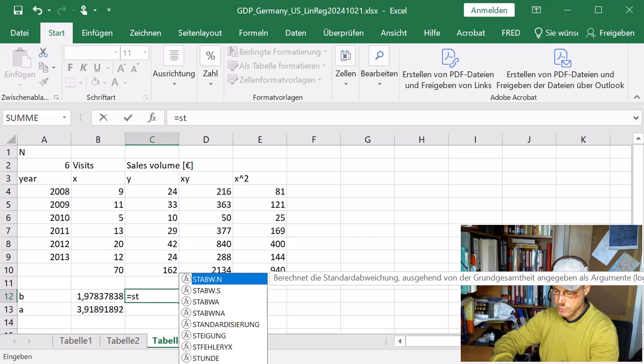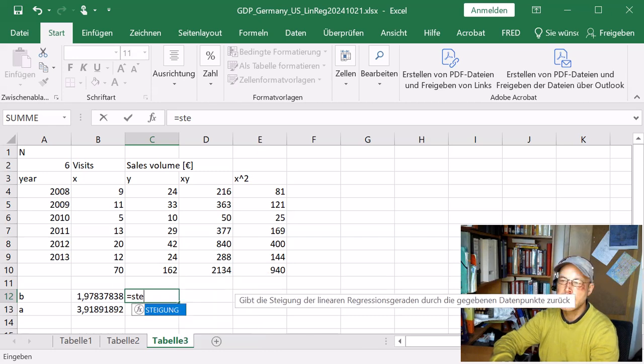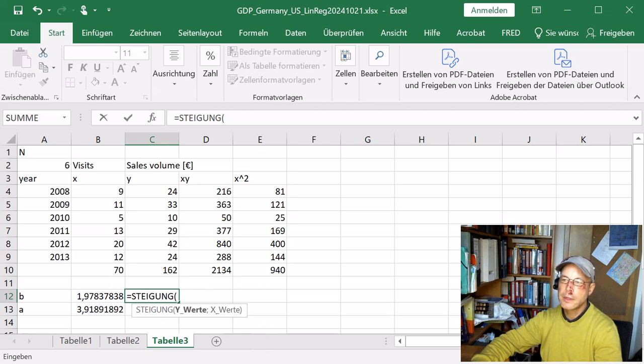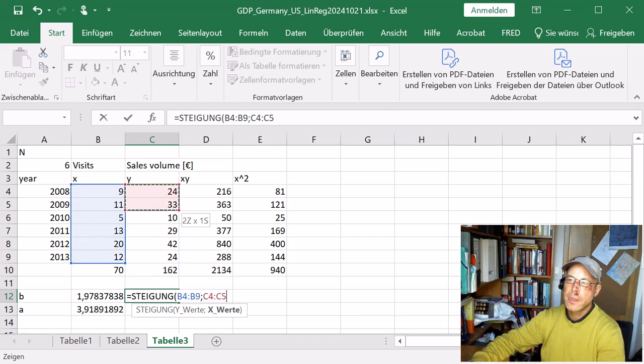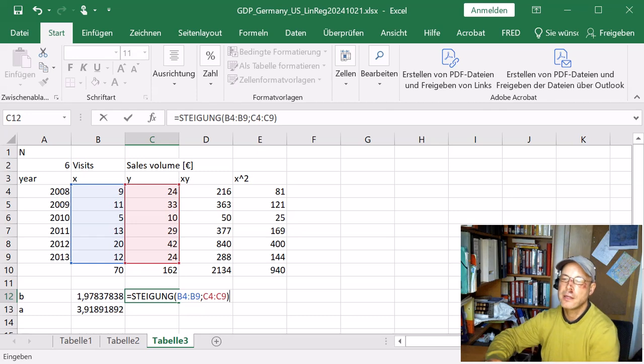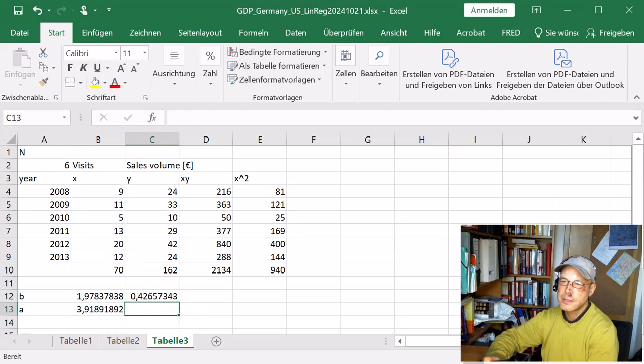So using just slope, or in German Steigung, and then our x values and our y values. For example, this formula you can later use when you're doing your time series analysis.